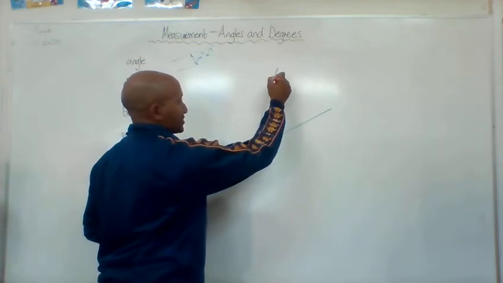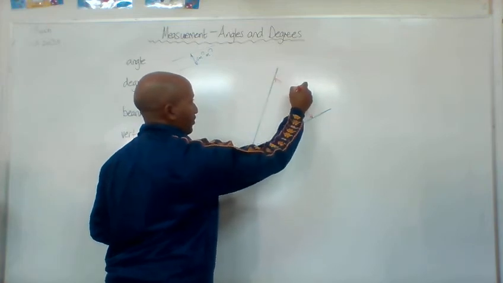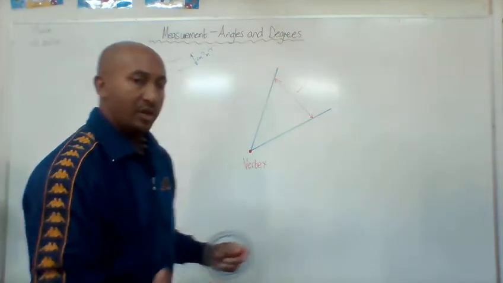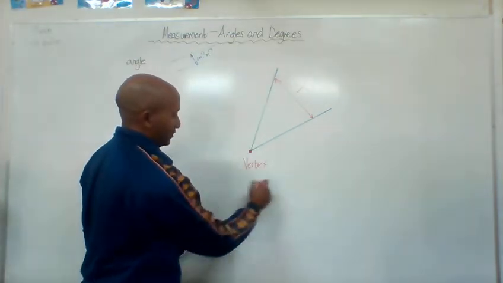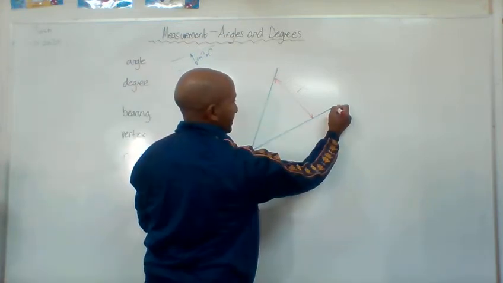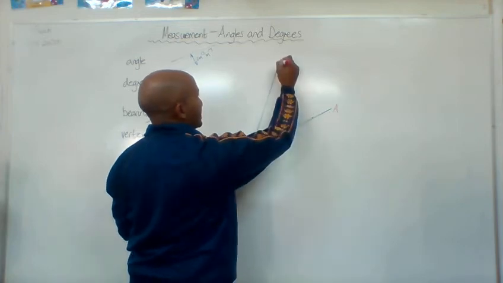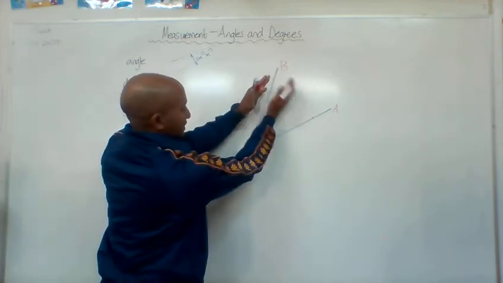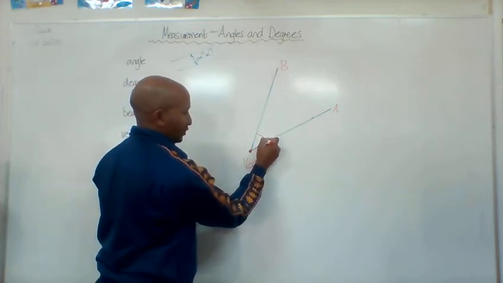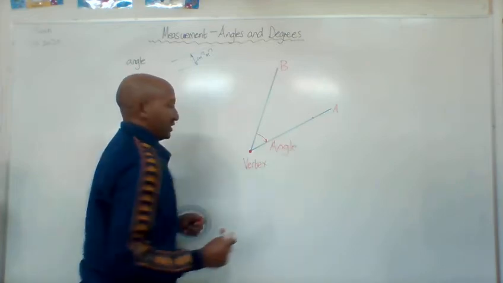So it's not a straight line. We're not looking at a straight line measurement. That would be wrong, because as we came closer to the vertex, that measurement would change. We're looking at a measurement around that vertex. So when this line, let's say this is line A, separates from line B like that, around that point we have what is called an angle being created.